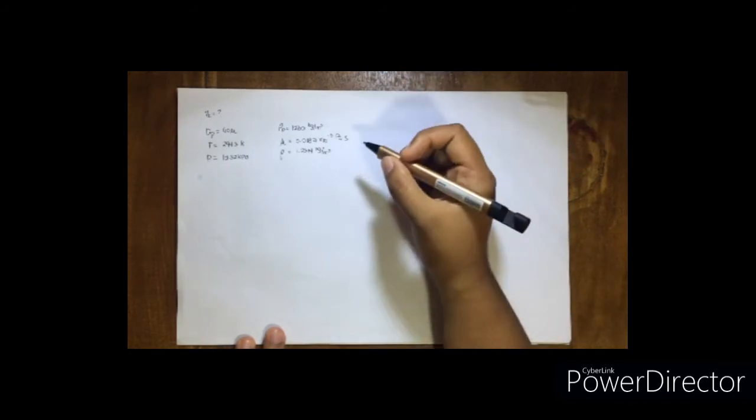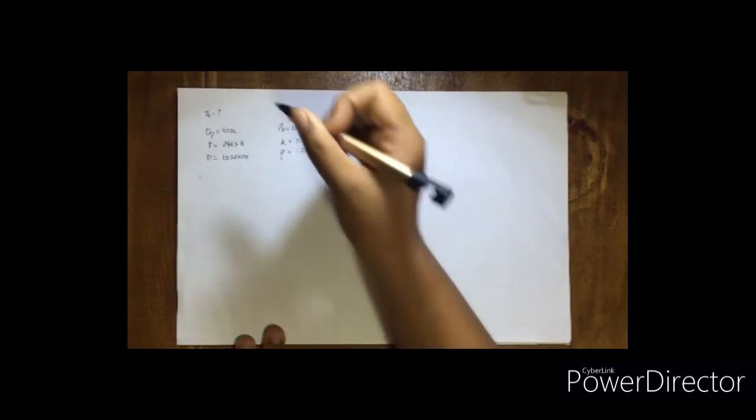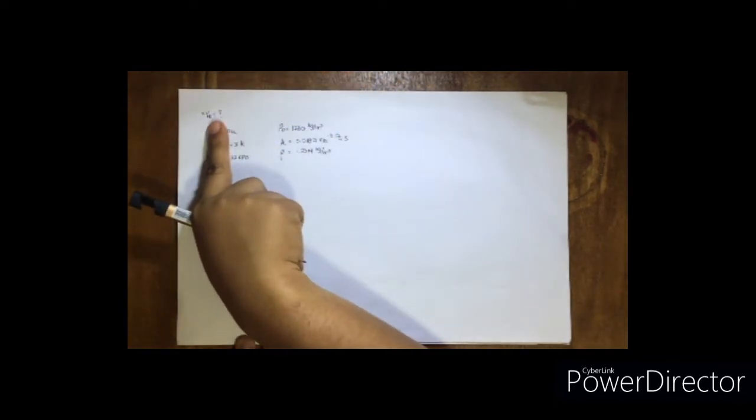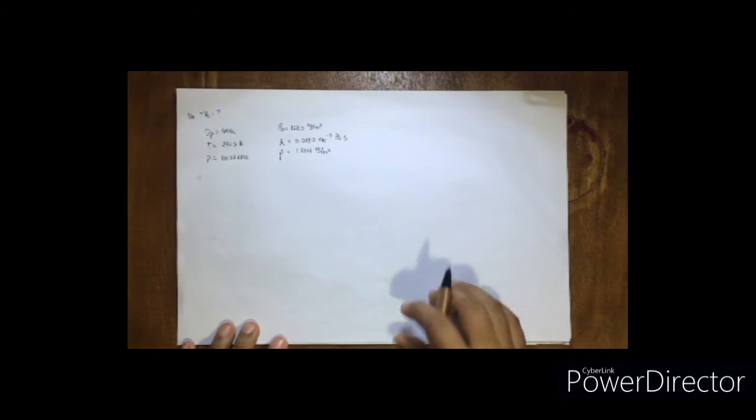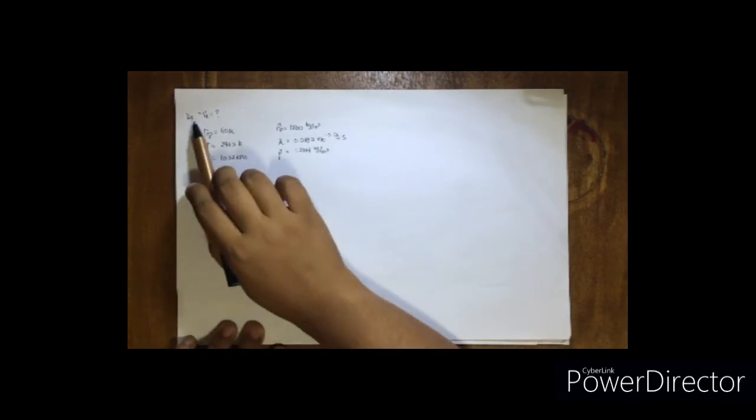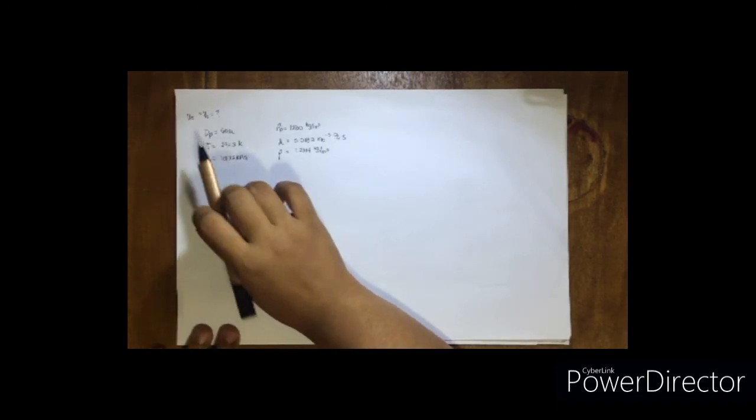Now, in order to get our settling velocity, our unknown is sometimes denoted as UT, meaning the terminal velocity. So we need to get the value of our K to know which formula we will use to get the value of our velocity. So K, or the Archimedes number, whichever you prefer.